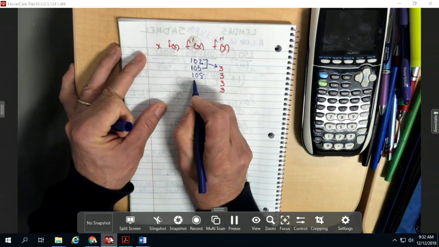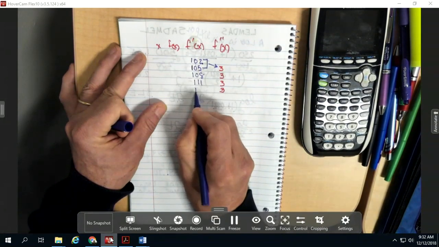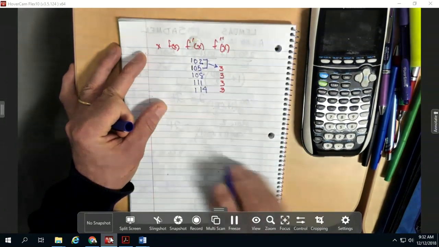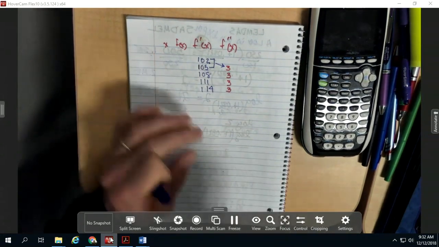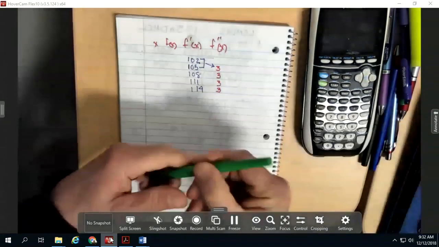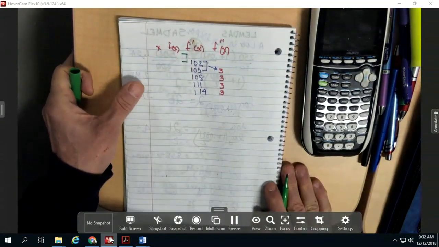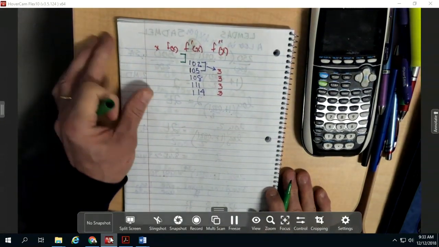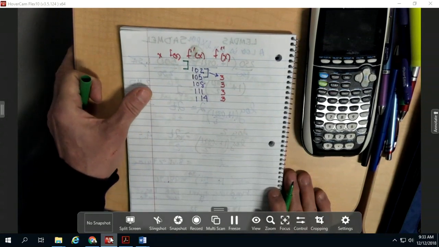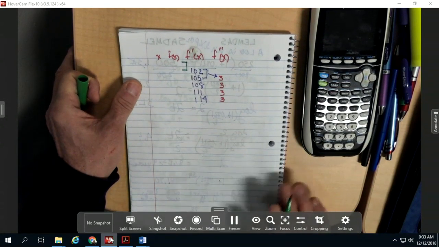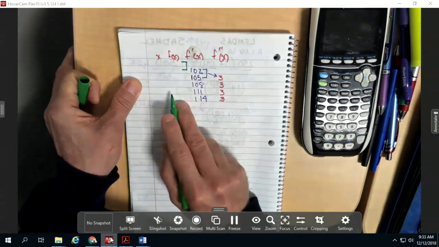And the next number. And the next number. Okay. Now we're going to go back one more step. We know these two numbers are going to be 102 apart. So give me this number here.